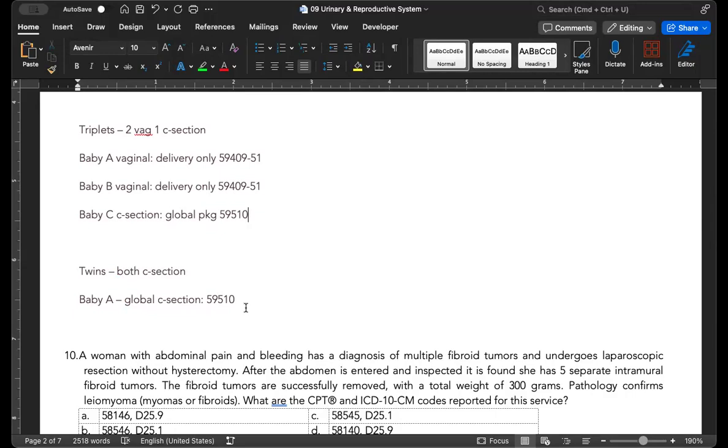You just have to make sure it is documented and supported. You might have to fight for the payment a little, but if you say they had quints, it's not just taking 1 extra baby out, we're taking 4 extra babies out. Depending on the payer, they might say yes, you're right, it does warrant a little extra payment. So just keep that in mind.